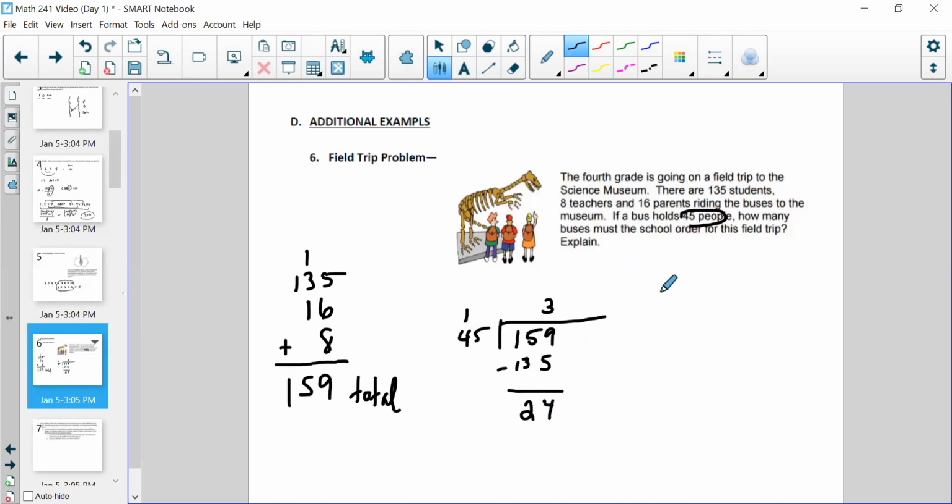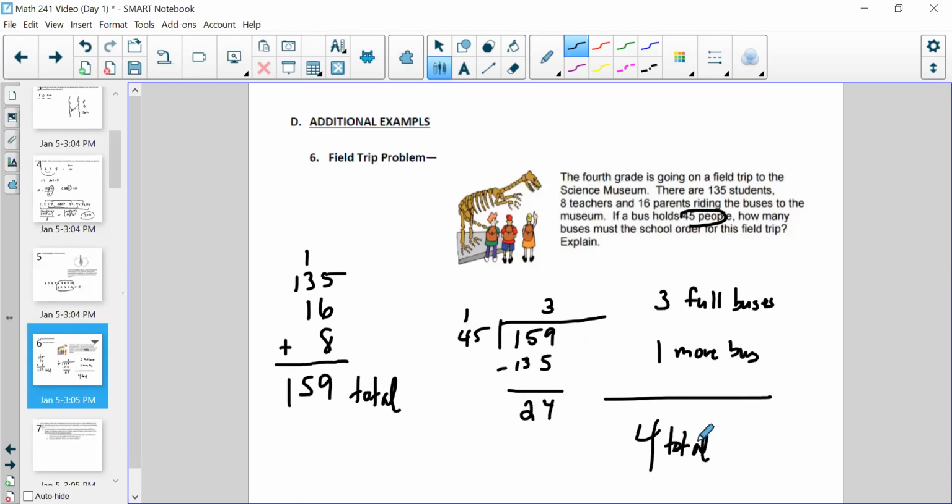So we know we're going to have 3 full buses, and we've got 24 remaining, so there needs to be 1 more bus. So we would say 4 total buses.